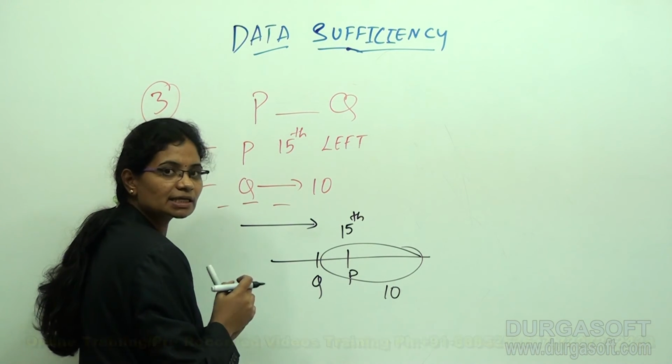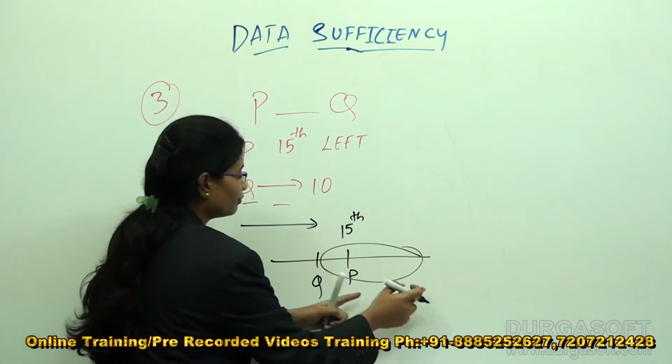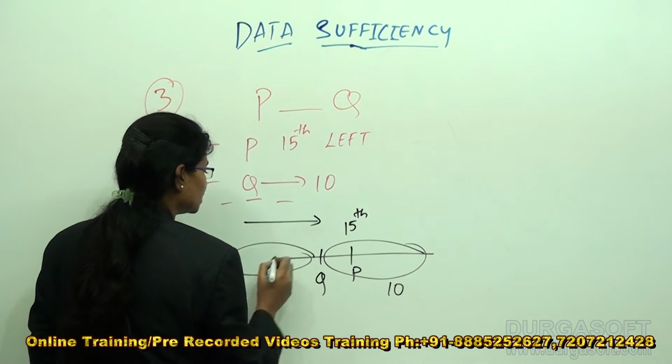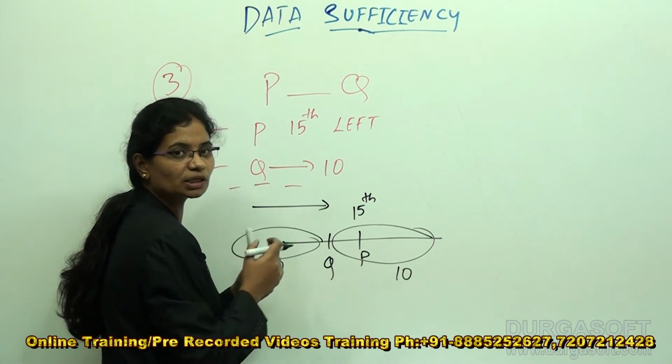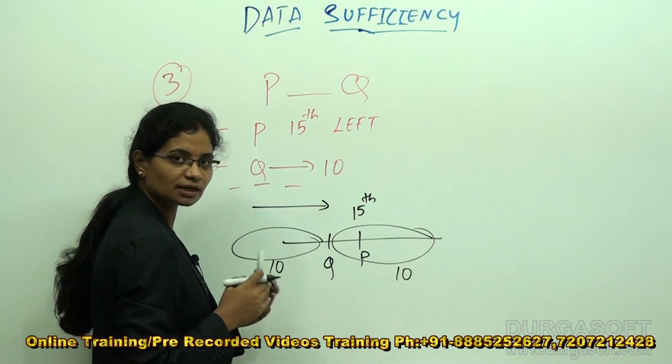So if 10 children are here, the same 10 children will be sitting here. With this we come to know that there are 21 students in total in the row.